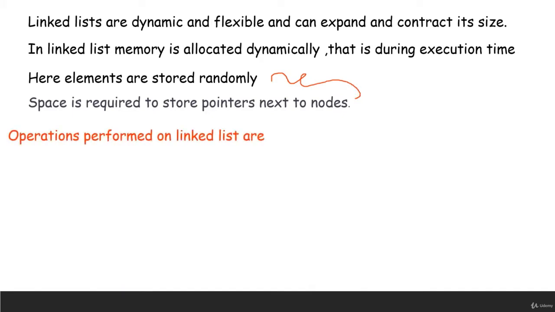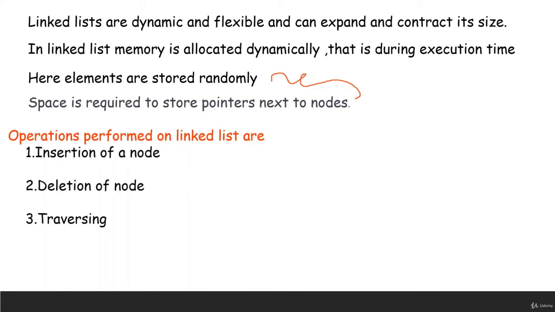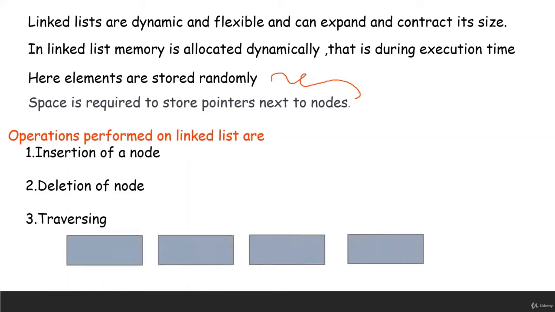Operations performed on a linked list are insertion, deletion, and traversing. Let's take an example of this linked list, which contains 4 nodes in it, having 2 parts, one data and another one the next part. So it consists of some values stored in it.